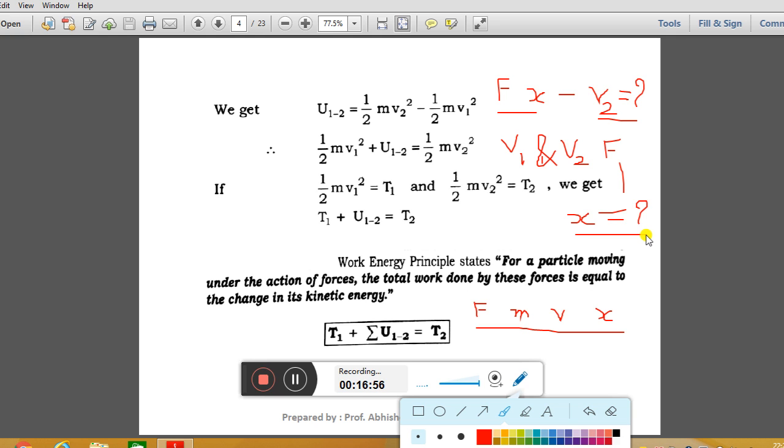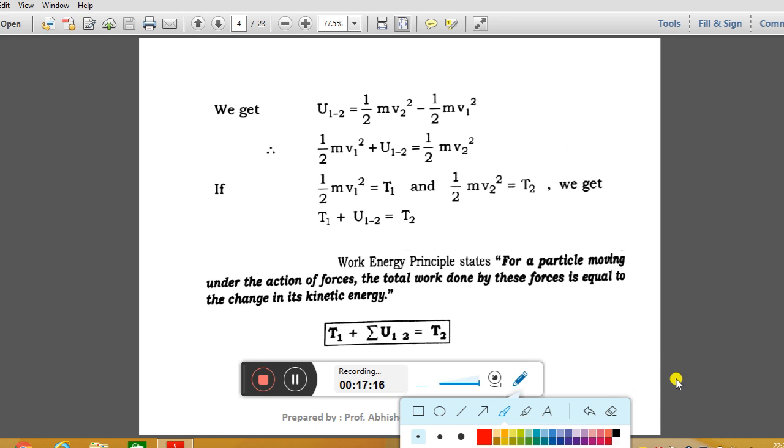Basically, here we have talked about a single particle. What happens if the system involves more than one particle? If the system involves more than one particle, the principle can be applied to the system of particles.